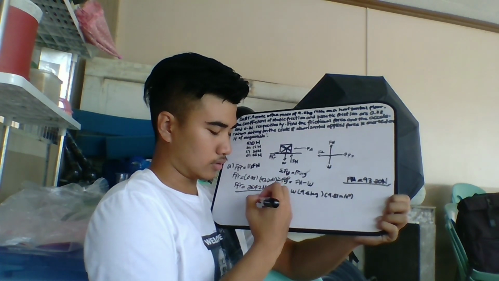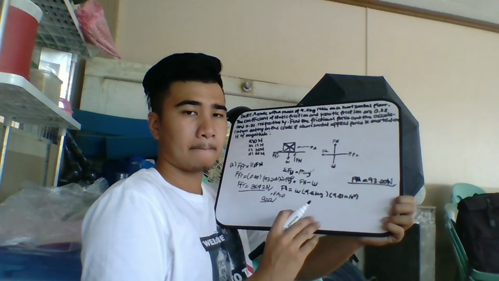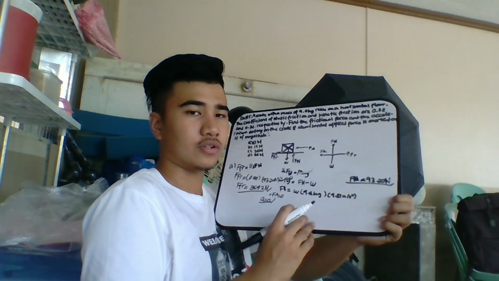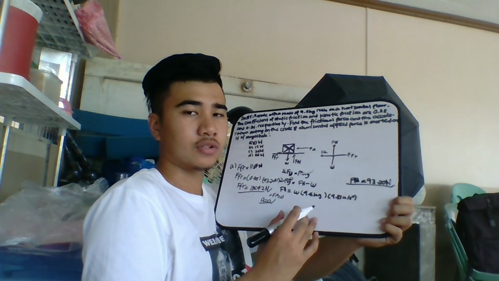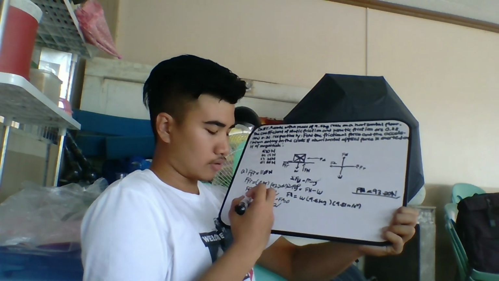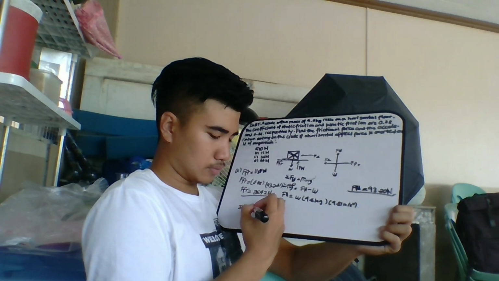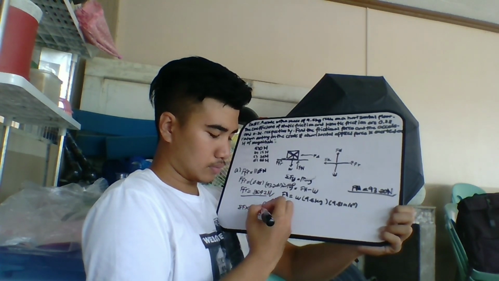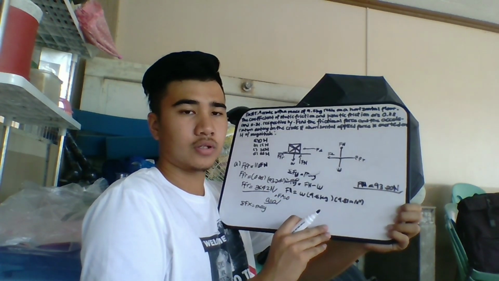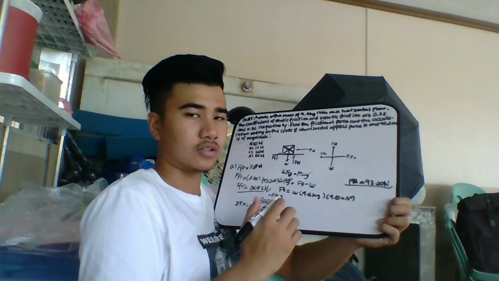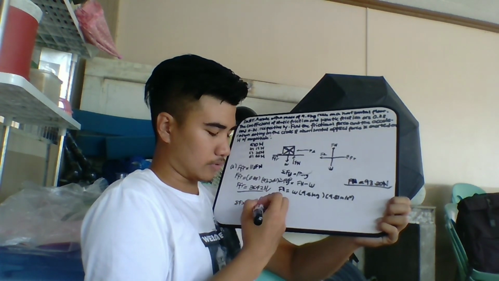So, there is no acceleration to solve for the final force of friction by second law of motion. Second law of motion, again, dahil walang acceleration, there is no motion, this is 0 ulit.